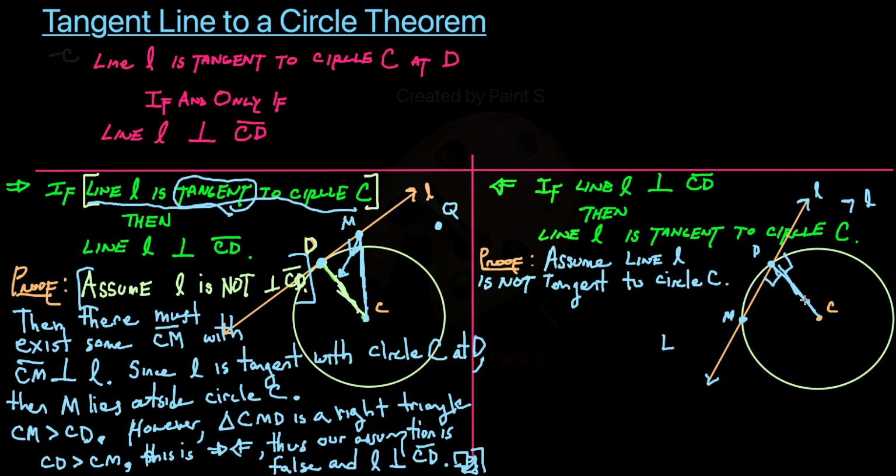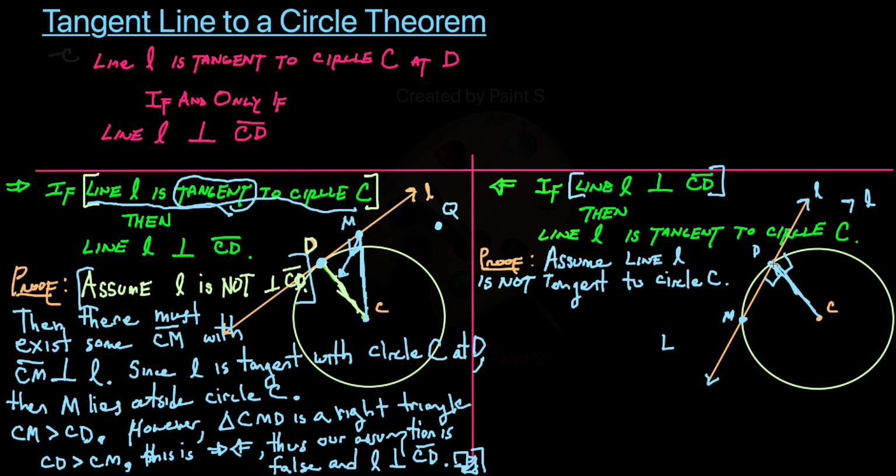Okay, so this is CD right here, and they do form a right angle, but I'm assuming it's not tangent. Tangent means that it hits the circle at exactly one point. So if it's not tangent, that means that L either doesn't hit it at all or it hits it twice. We know that L hits the circle at least once at D because L is perpendicular to CD.